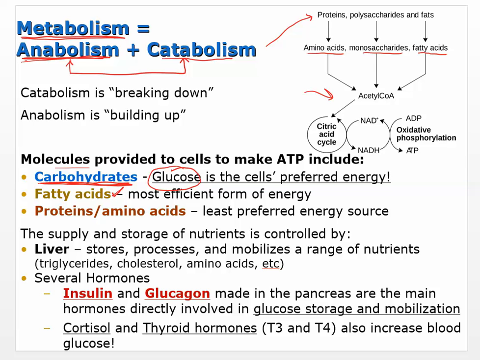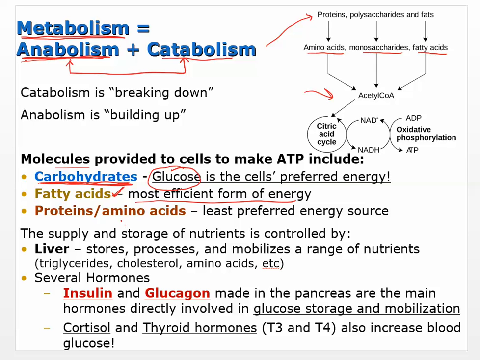In fact, sometimes in the morning we're burning fatty acids instead of glucose because we haven't eaten in a very, very long time. So fatty acids are the most efficient form of energy, but the number of steps essentially to turn fatty acids into energy is a little bit higher. Okay, so it takes a little longer and there are more steps involved than with glucose, which is why glucose is the preferred source.